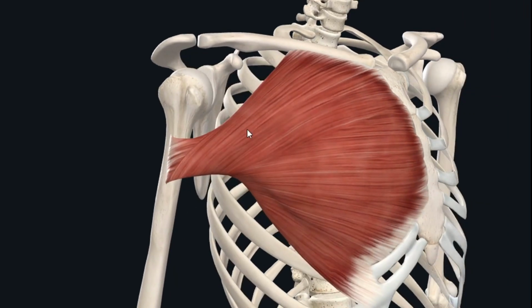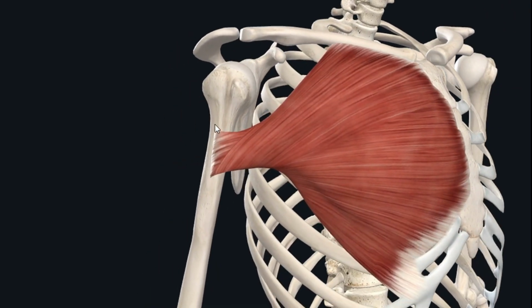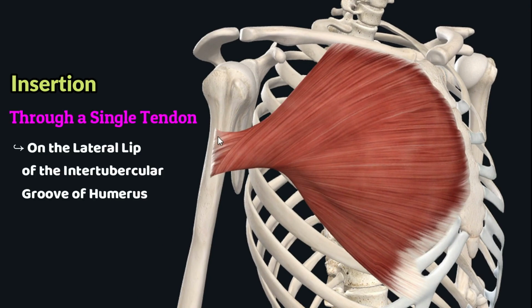This muscle then inserts on the lateral lip of the intertubercular groove of the humerus, as you can see.